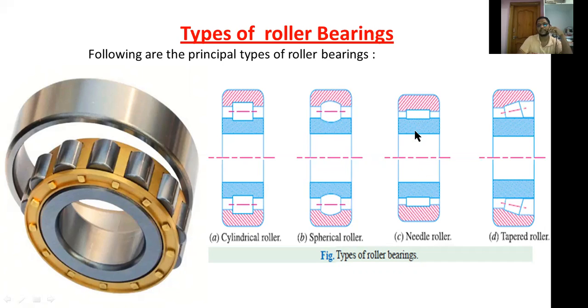In needle roller bearings the diameter of the roller is very small compared to other roller bearings. In tapered roller bearings, the roller has a tapered cross section. So these are the different types of rolling or roller bearings.